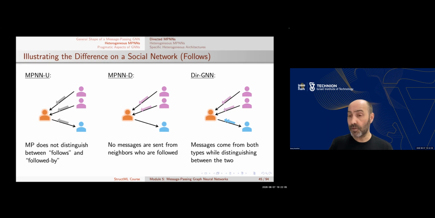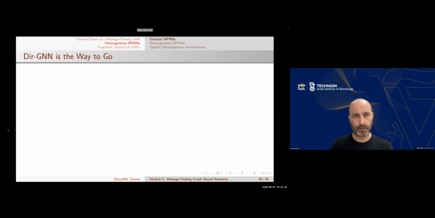And Dir-GNN says we're going to incorporate all of the edges. We're going to aggregate everything, but we are going to treat these in one way. You see, this is one type of edge, and we're going to use this one in another way. There's a different type of arrow for the outgoing edges. So these are the three options.